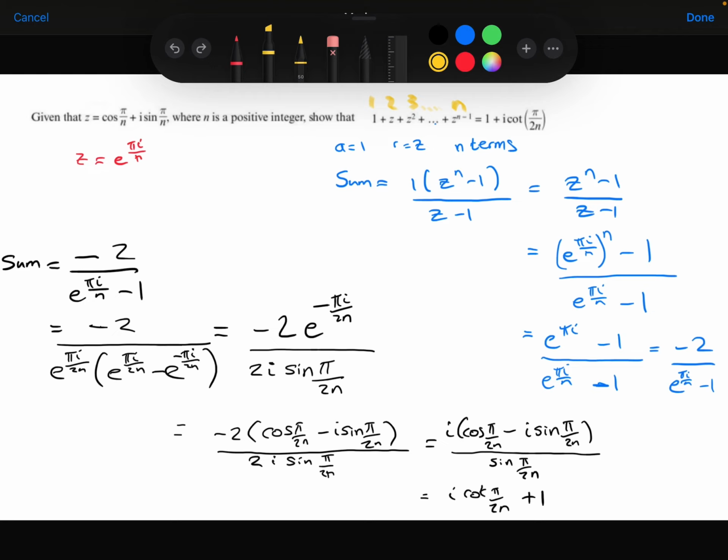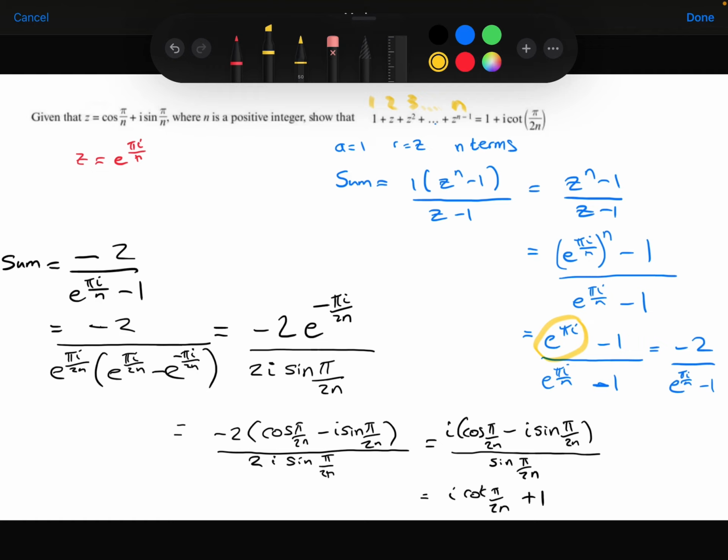Then I think about what z is in this case. So I've rewritten this in its exponential form so that I can plug that into here and here. The e to the pi i over n, to the power of n, so multiplying those powers together, I get e to the pi i.